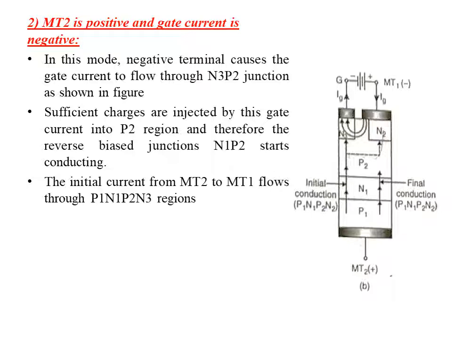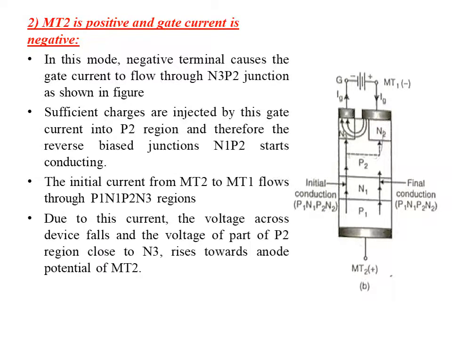So when MT2 is positive and gate current is negative, when the junction N1 P2 starts conducting, the current flows from MT2 to MT1, that is through the regions P1, N1, P2, N3. Due to this current, the voltage across the device falls and the voltage of the part of the P2 region close to N3 rises towards the anode potential of MT2.